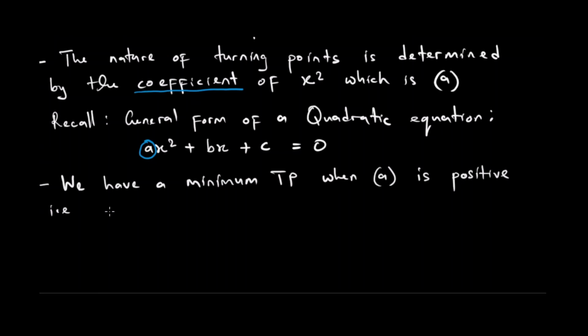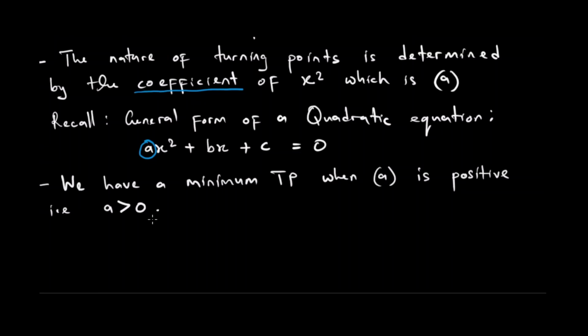That is, A is greater than 0. Saka kana A are greater than 0, tinenge tine a minimum turning point. Kana A are positive, tine a minimum turning point.